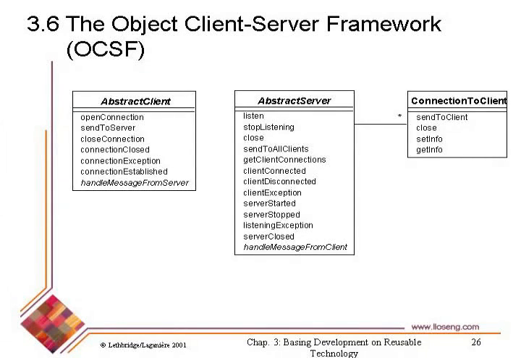What I'm showing here in this list is the important set of methods available on the client side. You'll notice that one of these, handleMessageFromServer, is abstract. It's in italics, which means it's abstract. We're going to take a look at what some of these other methods do, openConnection, sendToServer, closeConnection, etc., in a few minutes.